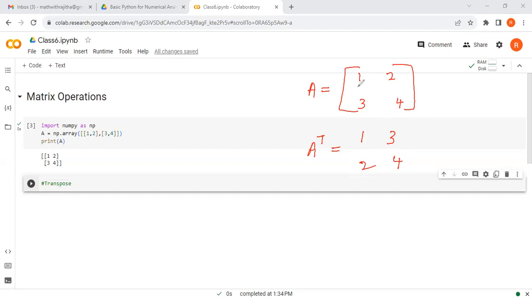Similarly, the first column, 1, 3, has become the first row, and the second column has become the second row. So in the transpose operation, rows become columns and columns become rows. When we get the transpose from Python, we should end up with this matrix as the transpose of A.